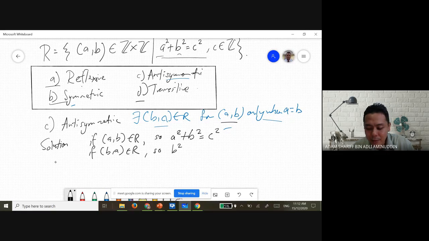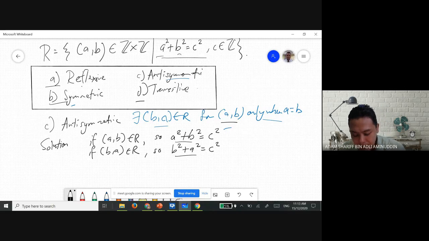So, B squared plus A squared sama dengan C squared. Betul? A squared tambah B squared sama dengan C squared. B squared tambah A squared juga sama dengan C squared. So dalam kes ni saya dah tunjuk dah kepada kamu, dia simetrik. Memang dia simetrik. Kerana A squared plus B squared is commutative as B squared plus A squared. The problem right now, the trick to this question, only when A equals to B.